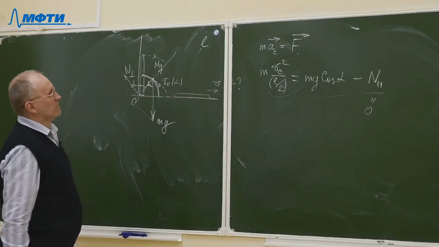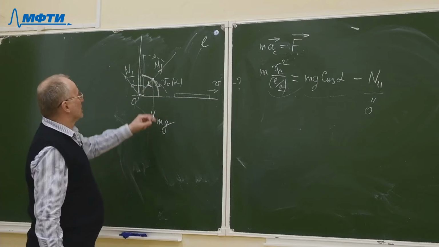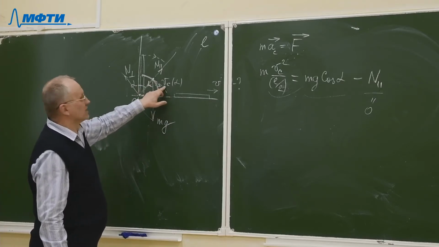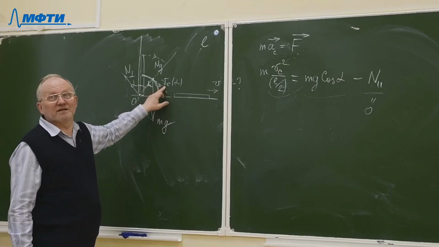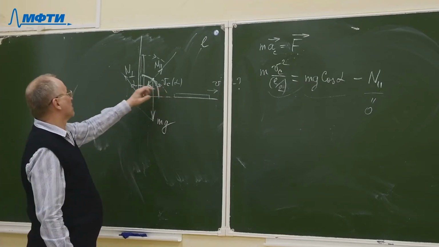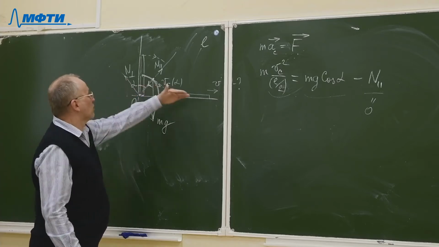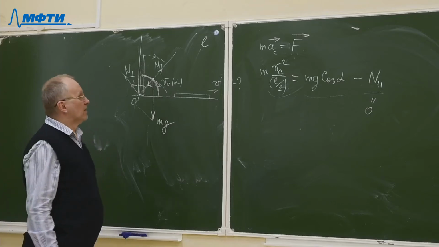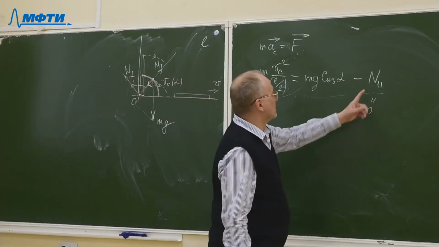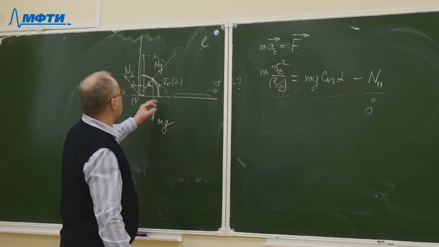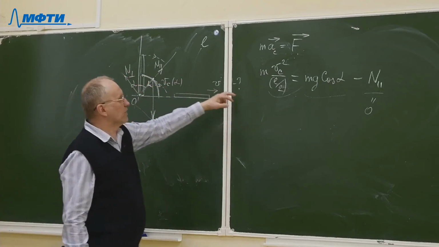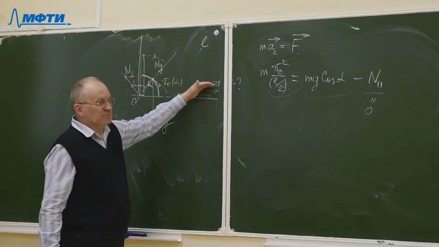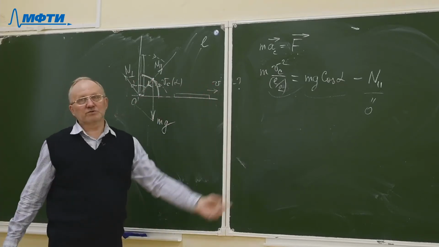At this particular moment, the contact will be lost, and the horizontal component of the velocity of the center of mass will become constant, because from this moment on, no horizontal forces will act on the plate, only vertical components of forces.